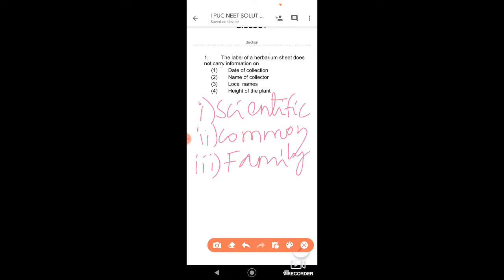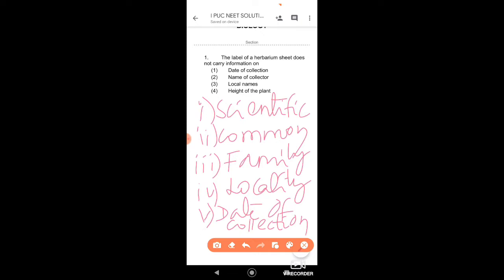Even the locality is also mentioned. Then further, the date of collection. When we have collected the plant, that date of collection must be mentioned. Let me repeat: first is the scientific name, then the common name, then the family, the locality from where it is collected, and when it is collected, that is the date.